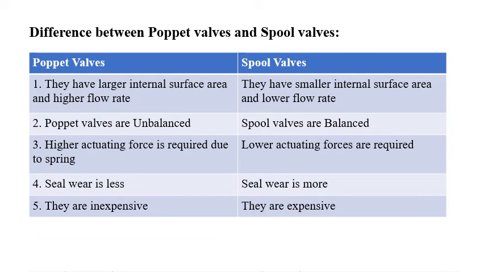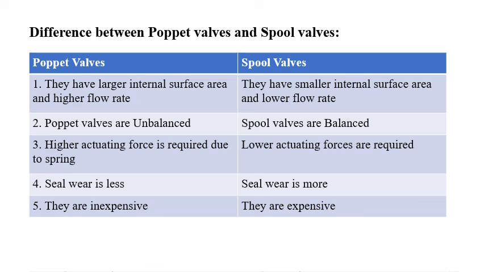Now we will move on to the comparison. This table tells the difference between poppet valves and spool valves. In Table 1, the left column indicates poppet valves and the right column indicates spool valves.